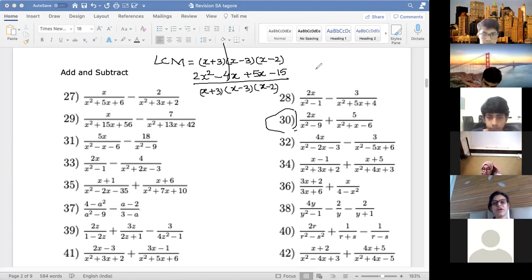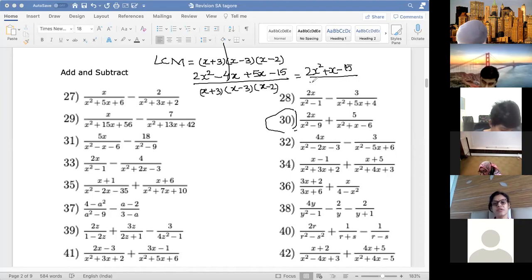Now, when you simplify this, you are actually getting 2x square plus x minus 15 divided by this whole thing, x plus 3, x minus 3. Now simplify the numerator also. 15 twos are 30, so minus 30.